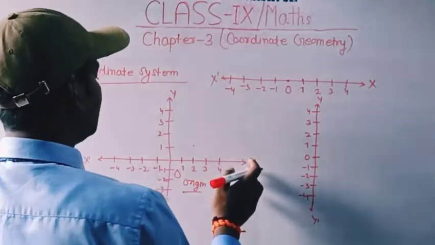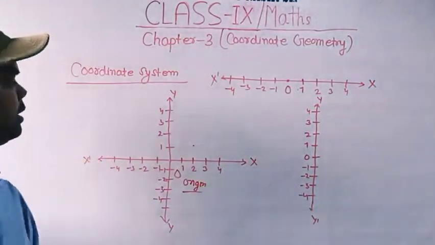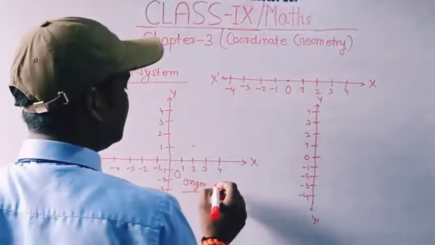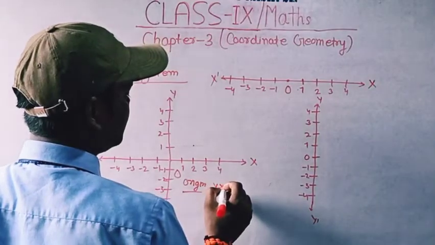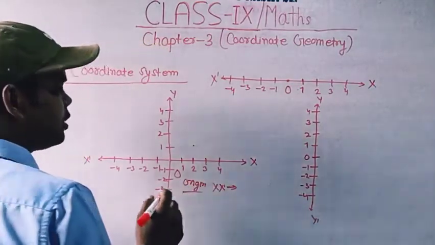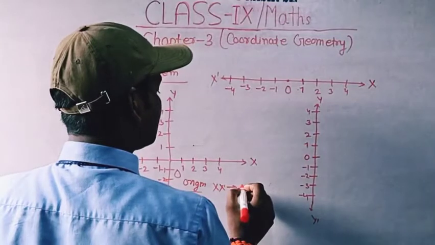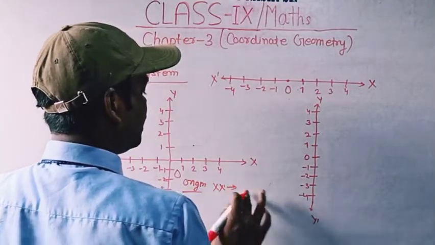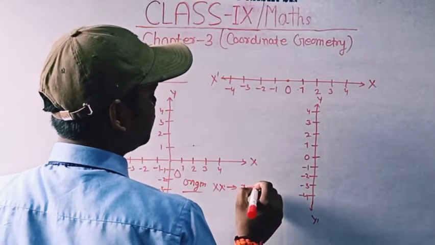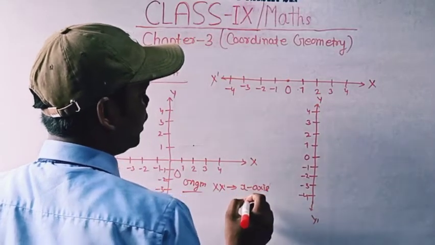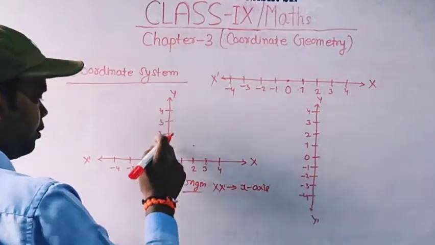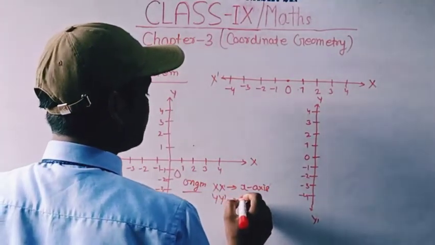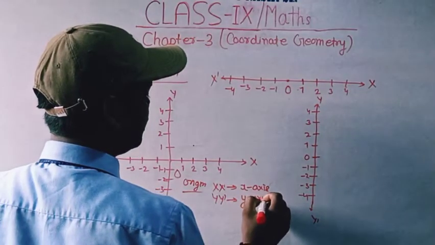Now the line x and x dash is called the x axis. The line y and y dash is called the y axis.